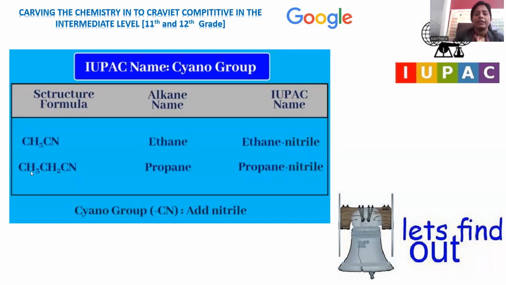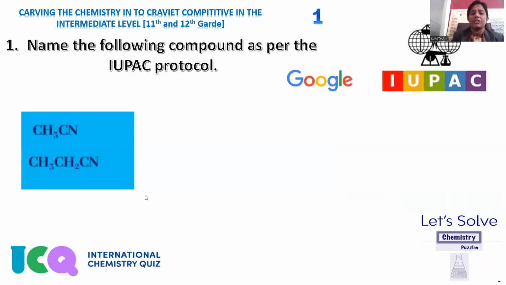In a similar manner, if you ascend by 1 carbon, CH3, CH2, CN will be taken, and being a 3 carbon chain, we can mention propane, and its entire name is propane nitrile, alkane nitrile, where there are 3 carbons. This is the way we can answer the IUPAC nomenclature. There are certain rules and regulations to assign names to all compounds.